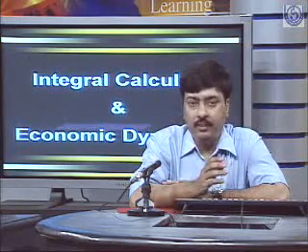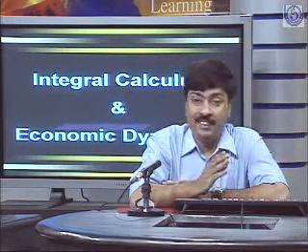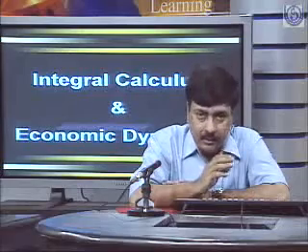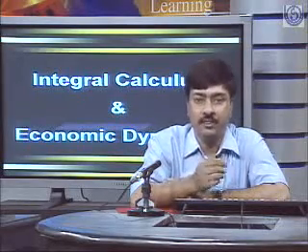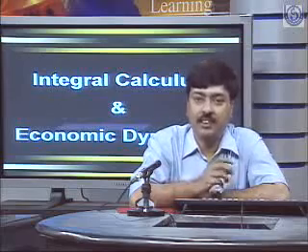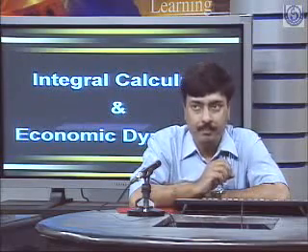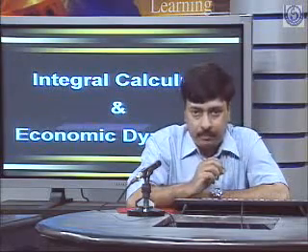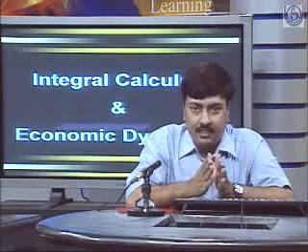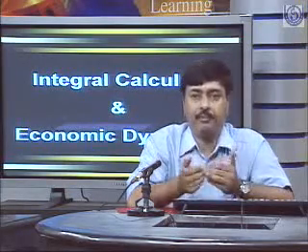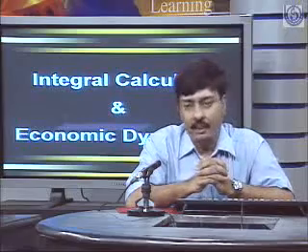Then delta K by delta T, as delta T tends to 0, which is infinitesimal changes, that shows you investment, right? Investment is nothing but the addition to the stock of capital, and we expressed it through the route of differential calculus.